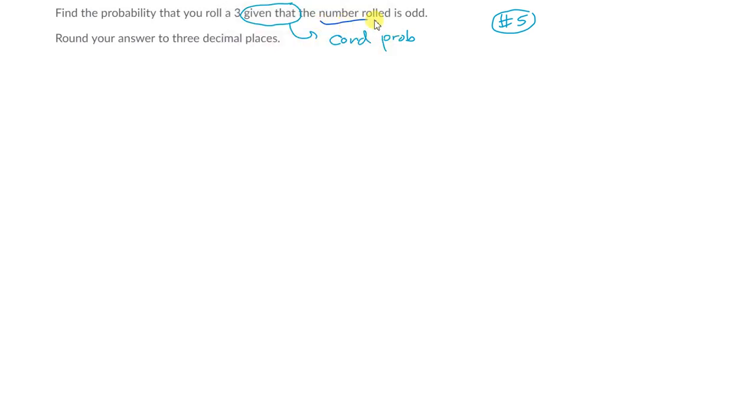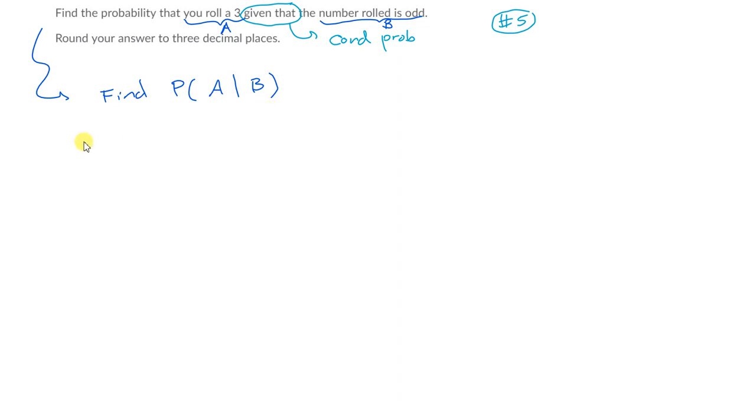The number that you rolled is odd, let's call that event B. Roll a 3, let's call that event A. So they want us to find the probability of A, that you roll a 3, given that you've rolled an odd number on the dice.